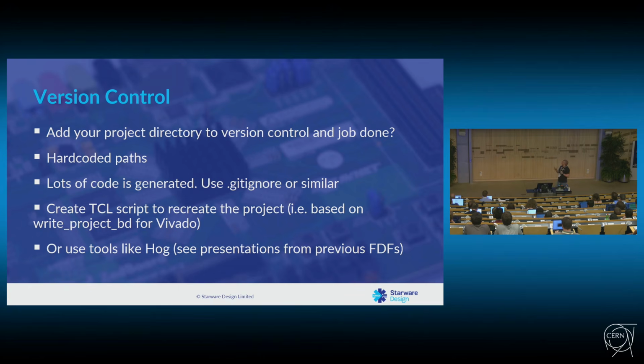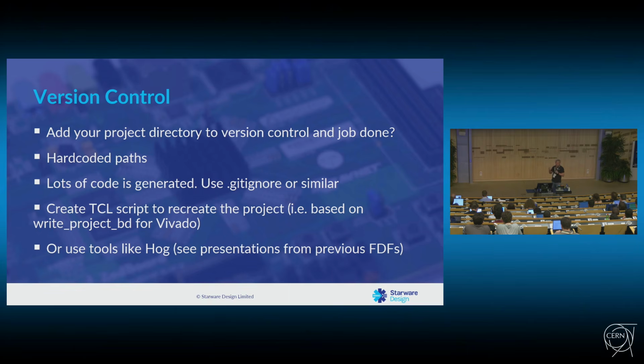Well, not so fast. Particularly in FPGA development, and I'm not singling out any particular vendors, you have hard-coded absolute paths. There's a lot of code generated. So imagine you have your IP cores. You have the IP core definitions, and then all the code generated as part of the IP generation.